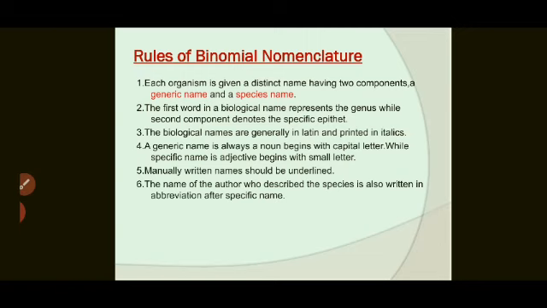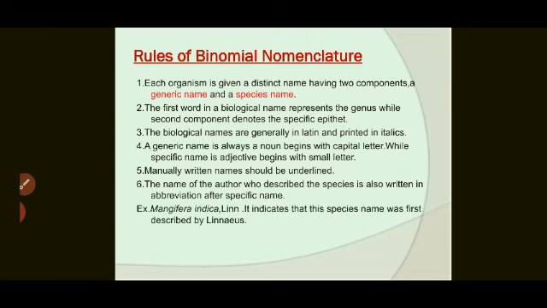Fifth, manually written names should be underlined separately. Separately is not printed here. Please mention these names are to be underlined separately. So, the genus should be separately underlined when it is manually written, and species should be separately underlined. Sixth, the name of the author who described the species is also written in abbreviation after the specific name.